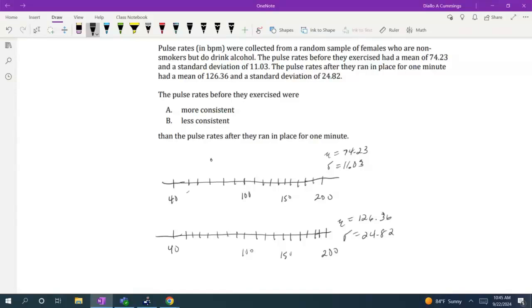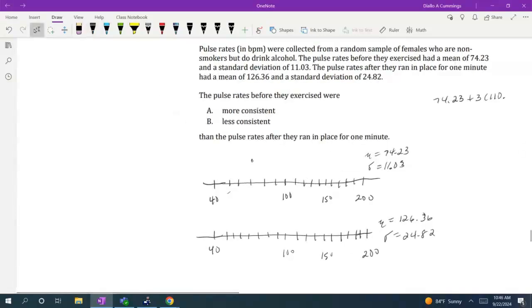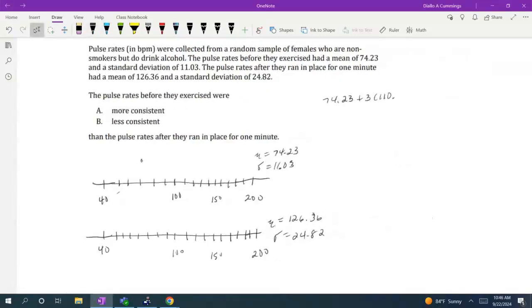And if I go three standard deviations above the mean, 74.23 plus 3 times the standard deviation, which is 11.03, that's going to give us 107.23. So notice I'm going three standard deviations out above the mean.